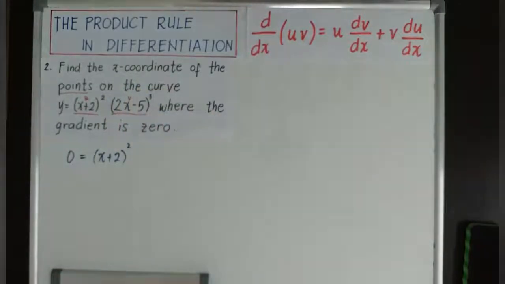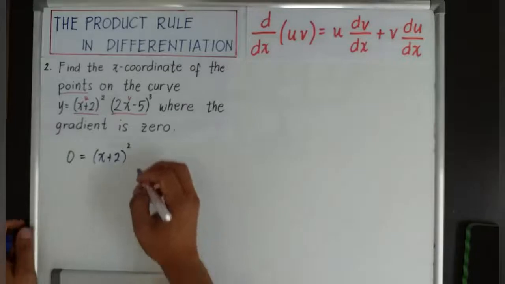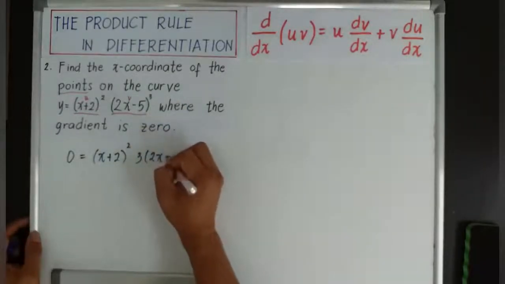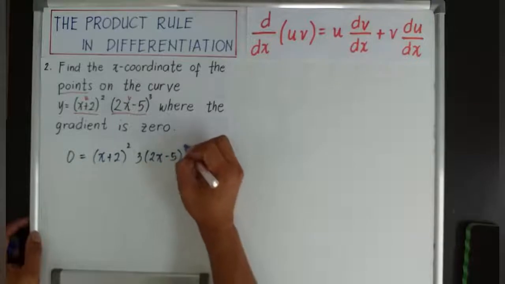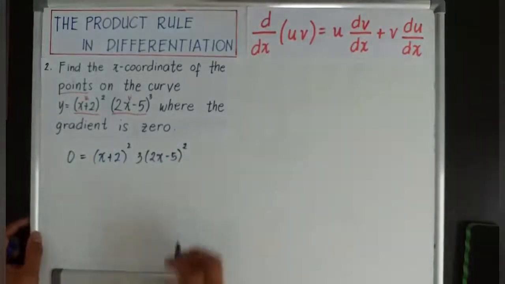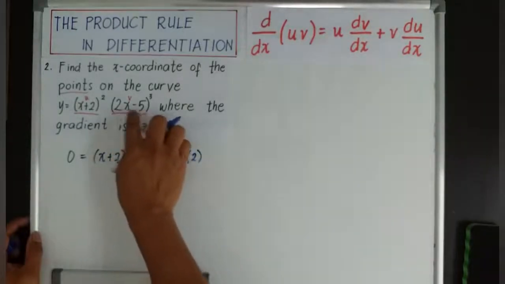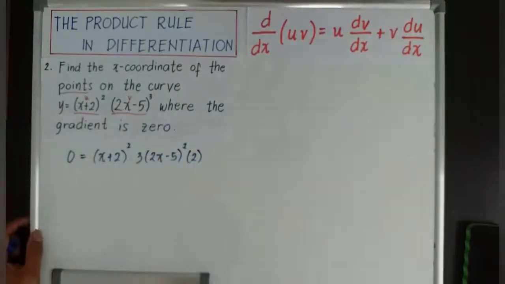Okay, next, what is the derivative of v in terms of x? The derivative of v in terms of x will be 3 times 2x minus 5 to the power of 2 times 2, because basically what's the derivative of 2x minus 5? It's 2.